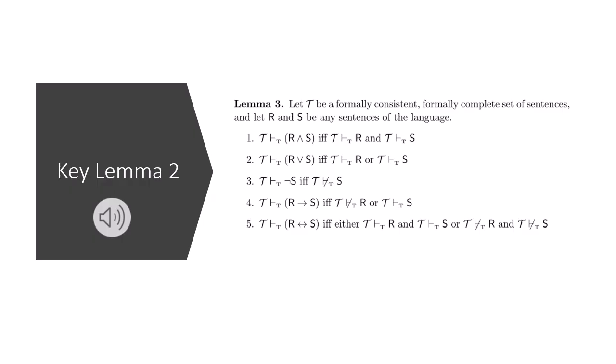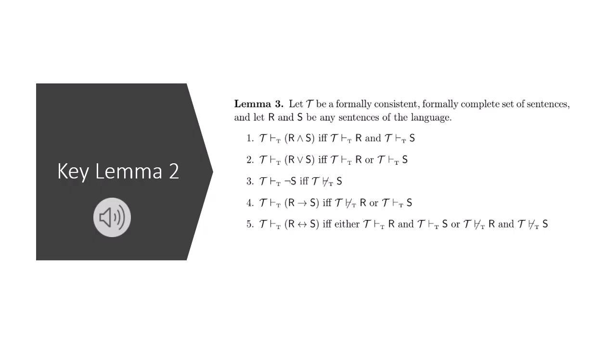So here is the full key lemma number 2. And in the textbook, it's labeled lemma number 3 in chapter 17, section number 2. And on the previous slide, we were really looking at that first bullet.